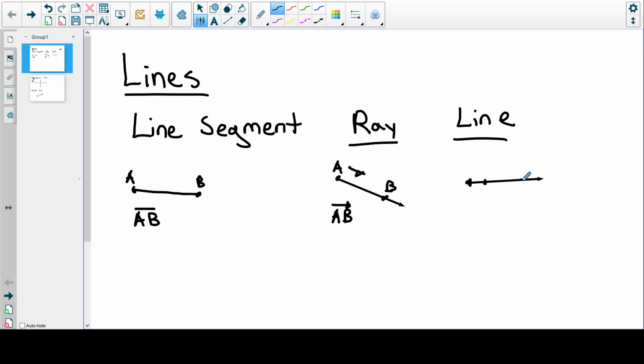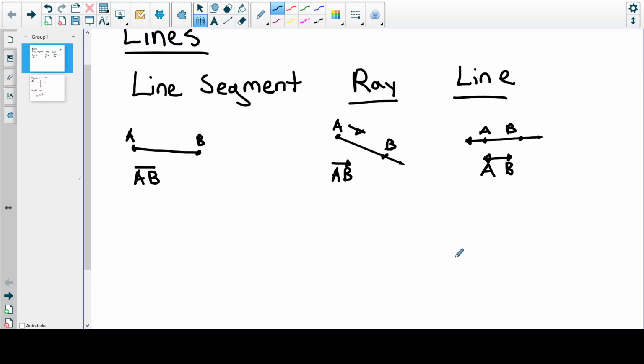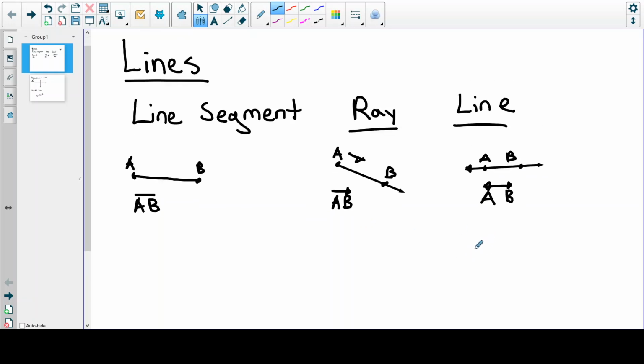Usually the notation is that you find two points on the line, and we'll just say A and B. The key is that you have A and B, and then infinite arrows on both sides, indicating that both sides are infinite and that A and B are on the line. So that's the notation for the different types of lines: segments, rays, and lines.